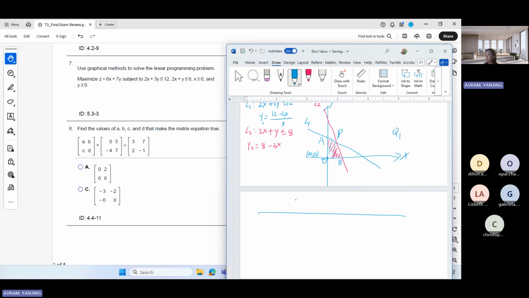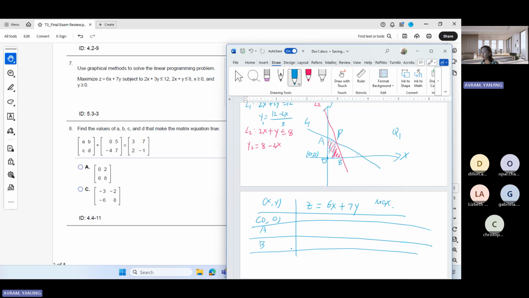So the key here is we have a Z here is 6x plus 7y, and we want to maximize this one. So we do have a 0 and 0 in here, right? And then we're going to have a point A, a point B, and then a point P in here.